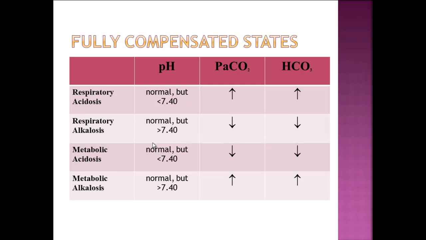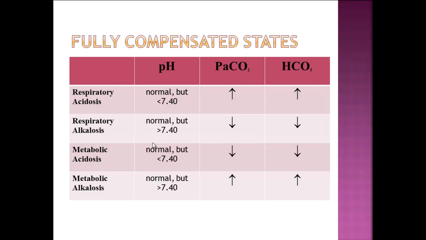Similarly, respiratory alkalosis, the pH is now normal, but it used to be a little higher than the 7.4. We take that as the midline when we're determining what happened before things were fully compensated.